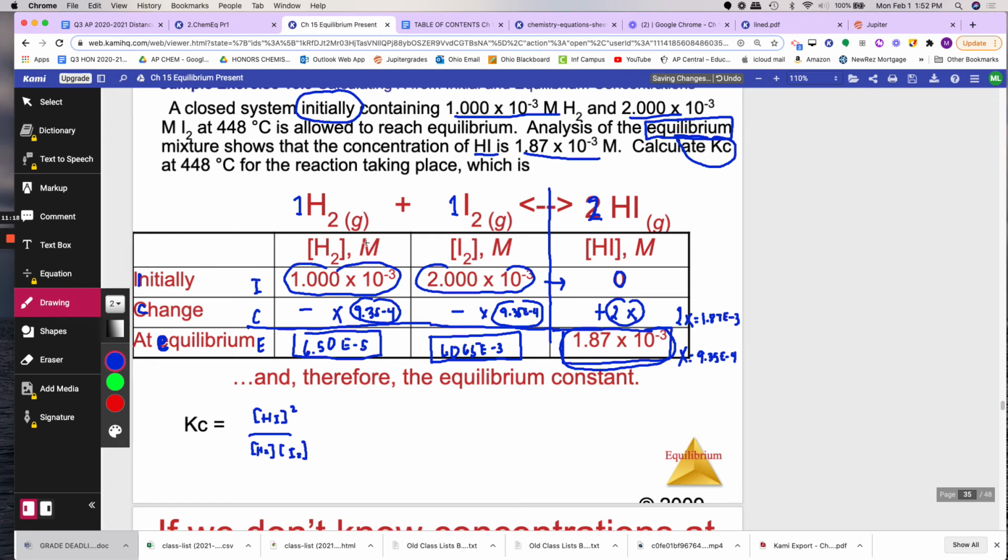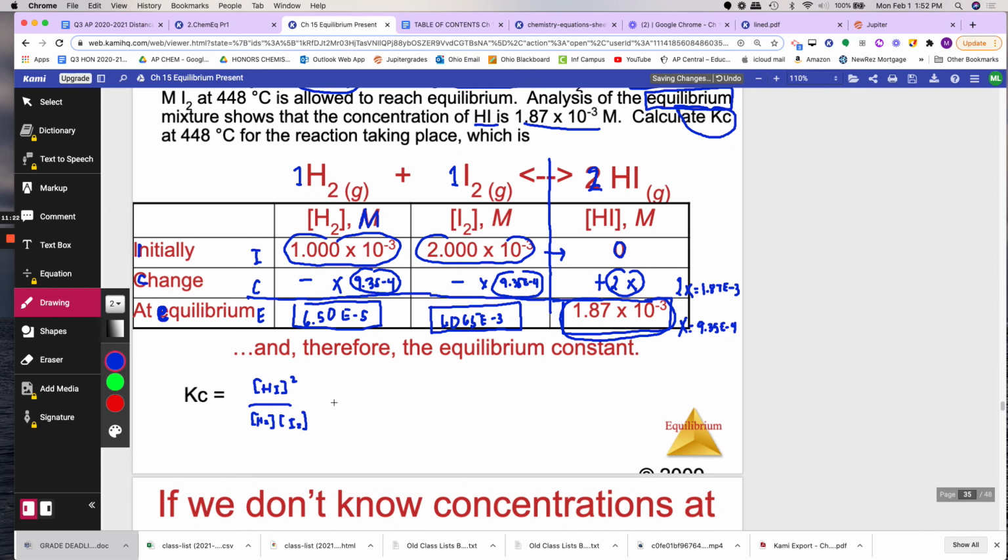And these are in molarity, so I am using the brackets. So I'm just plugging in the numbers. At equilibrium, how much HI do I have? I have 1.87 e negative 3, which was given to me in the problem, which led me to calculate these two numbers. H2, I have at equilibrium 6.50 e negative 5.